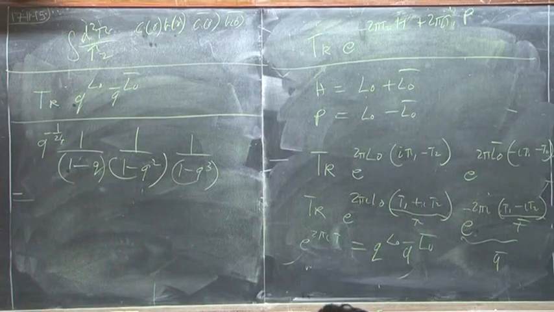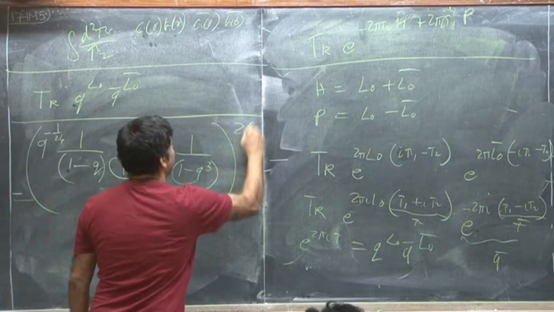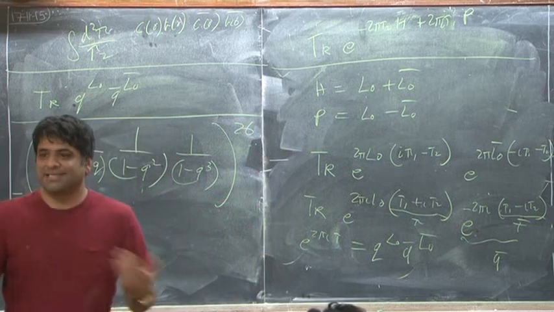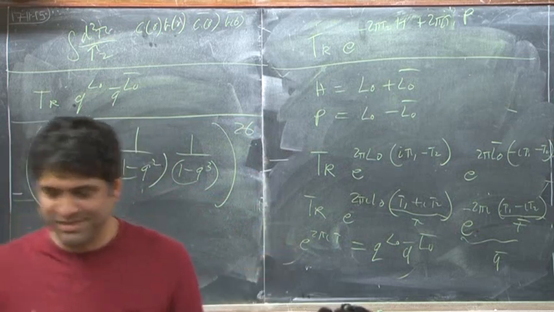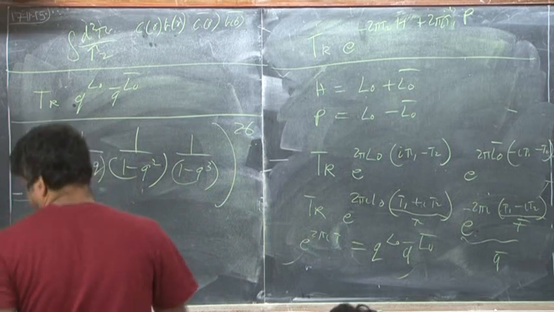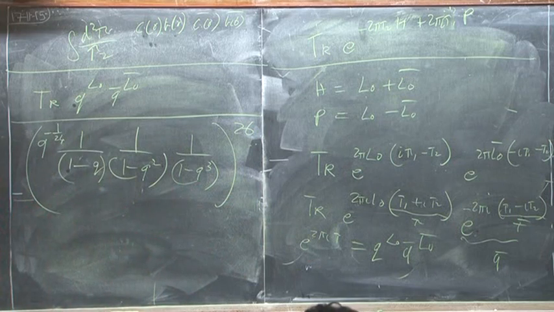Now, there is a definition. We have all of this to the power 26 because there are 26 different directions. Now let's get a couple of definitions.